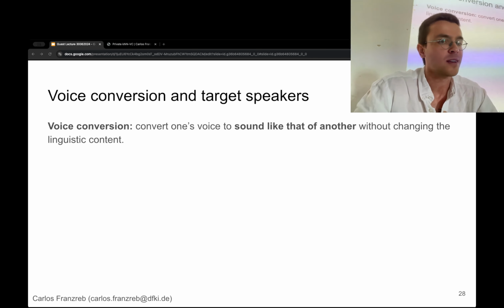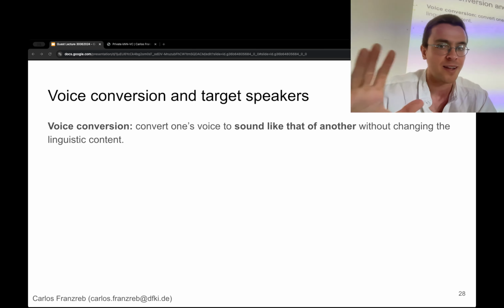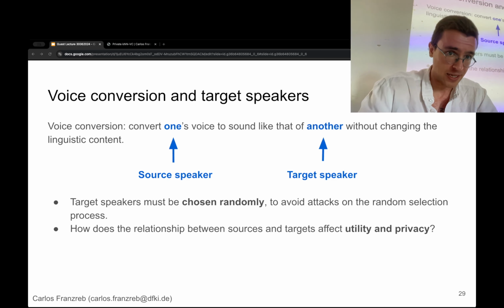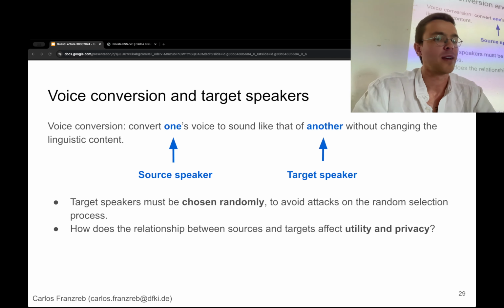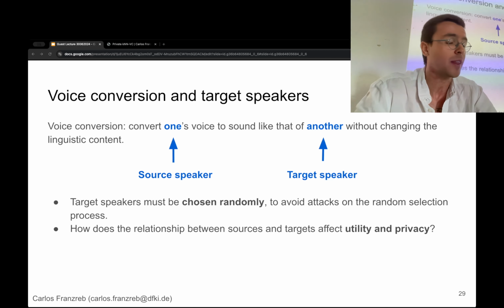For example, what I'm saying right now, but being said by Brendan, with the same words and the same meaning, but without any of my identity remaining behind it. This is, of course, not always possible, but this is the goal of this field. Within this definition, we already see there are two speakers involved. I'm the source speaker here, and Brendan would be the target speaker.